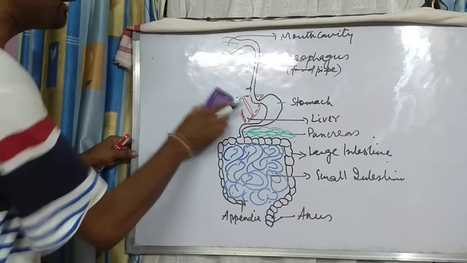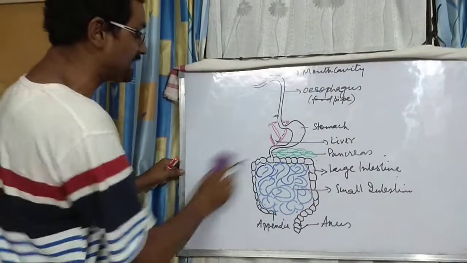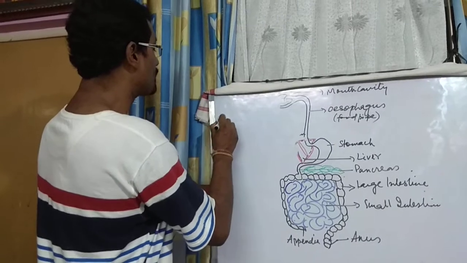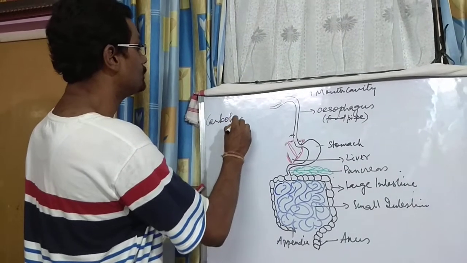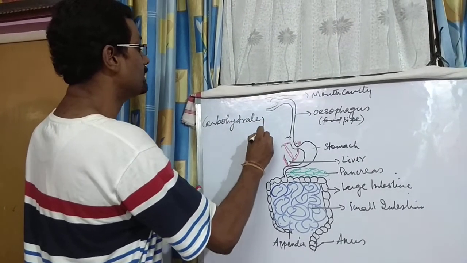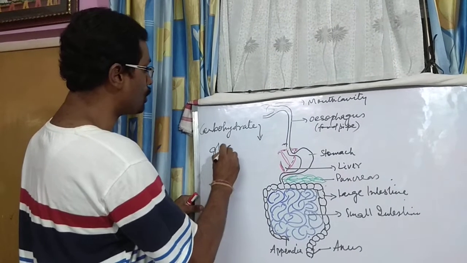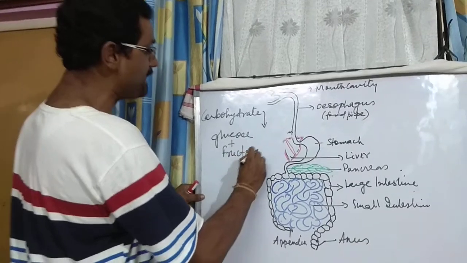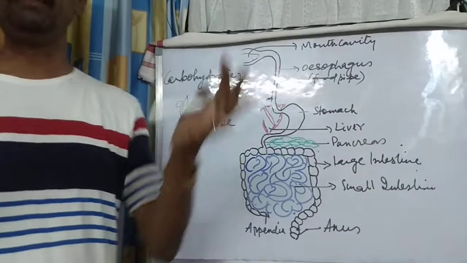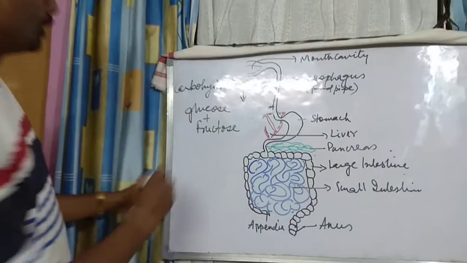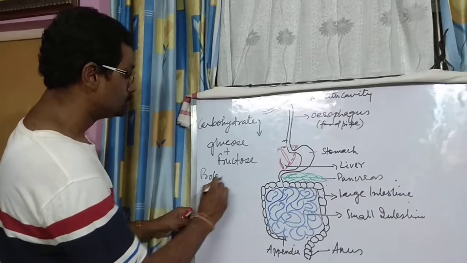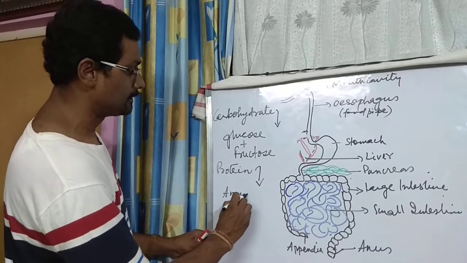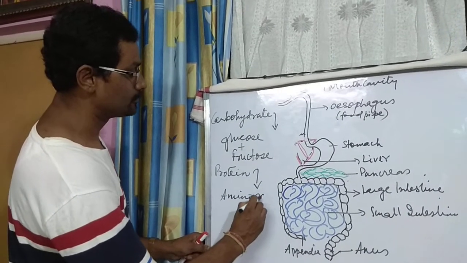You see that I have given you the first part of this digestion. What does this intestinal juice ultimately do? Carbohydrates get converted to glucose and fructose. Very, very simple food material which can now be easily taken. Now proteins get converted to amino acids.